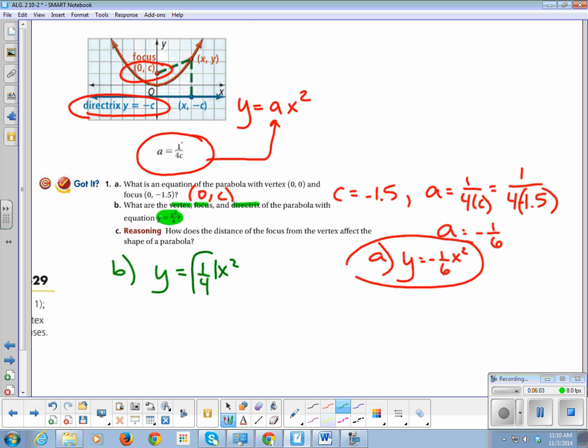That way I have x squared by itself, and I know a is 1/4. So I'm going to take our little equation, a equals 1/4c, and the a value here is 1/4. So 1/4 is equal to 1/4 times c.